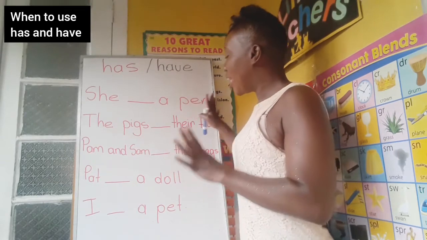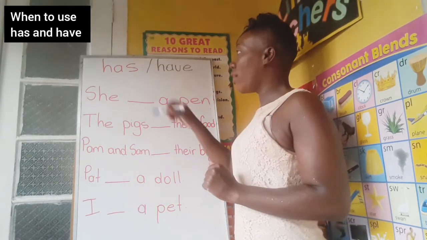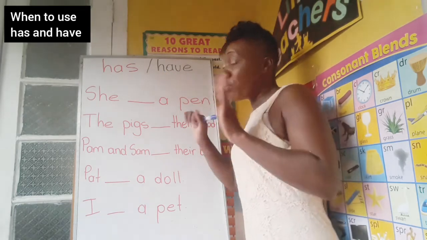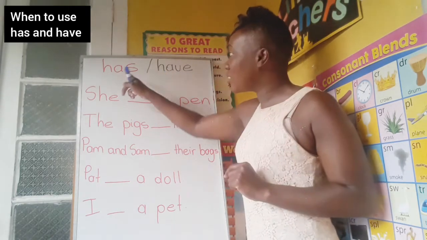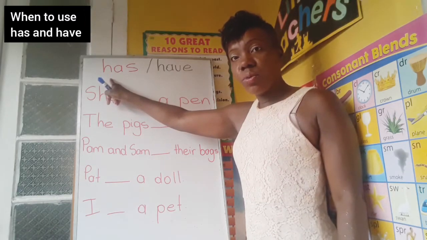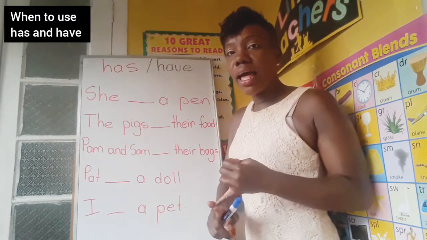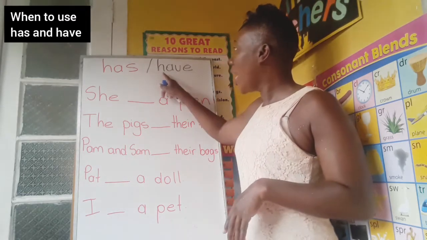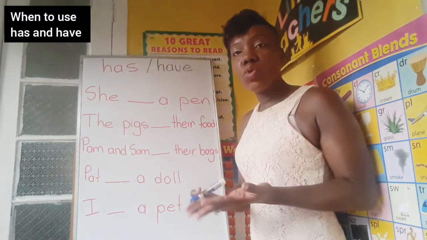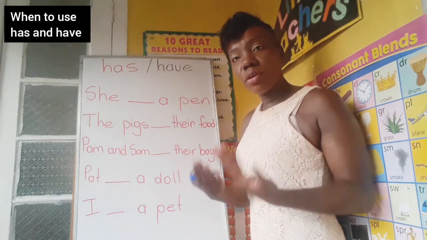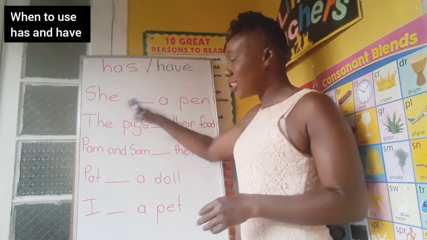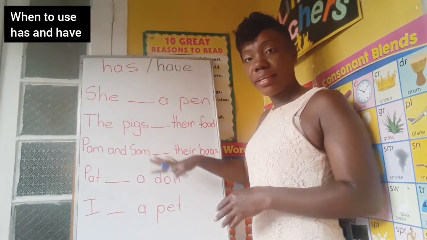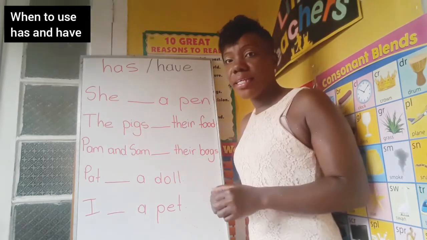Now let's do this simple activity with the word has and have. So remember, boys and girls, we use has. When do we use has? With a what? A singular noun or pronoun. And we use have with a plural noun or pronoun. Now let's read the sentences and see which of these words would fit on the line to make the sentence complete and correct.